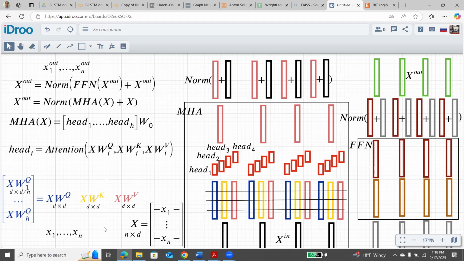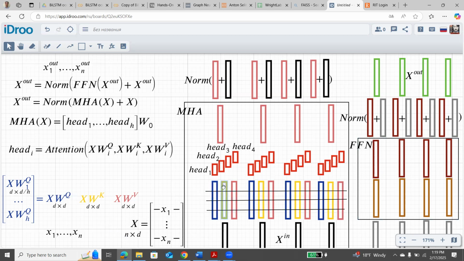And then we split this output into parts that we called heads. I believe it's easier to see in this image.